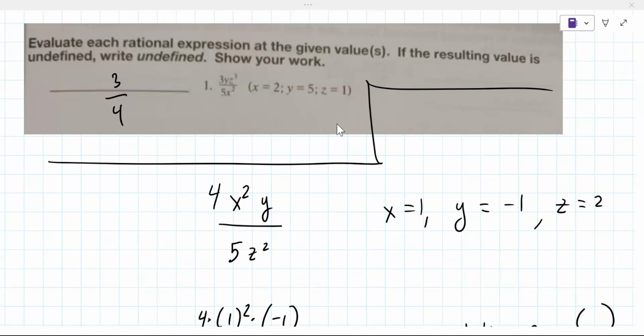This is not undefined. This is a number. So I'm suggesting that you write this expression, but with the numbers substituted in. Let me know when you've done that.